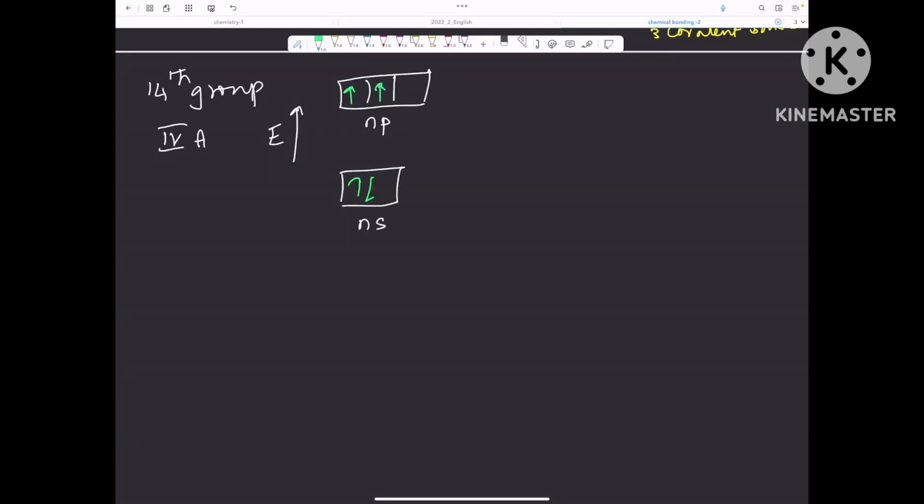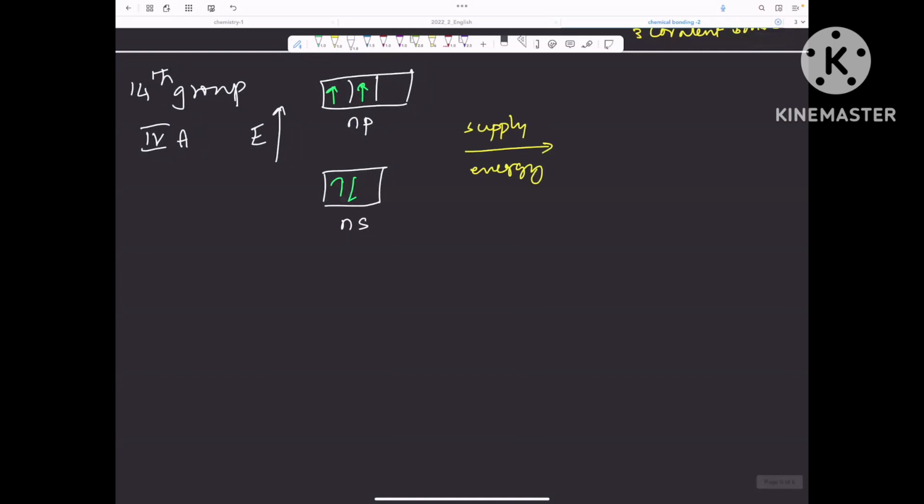It has 2 unpaired electrons. Now supply energy. Then it gets excited. This is ns, this is going to be np.